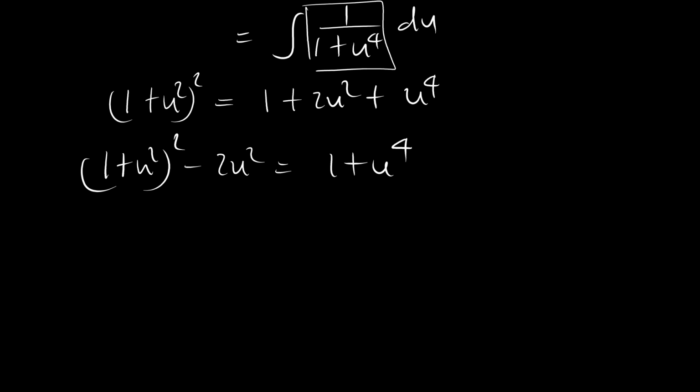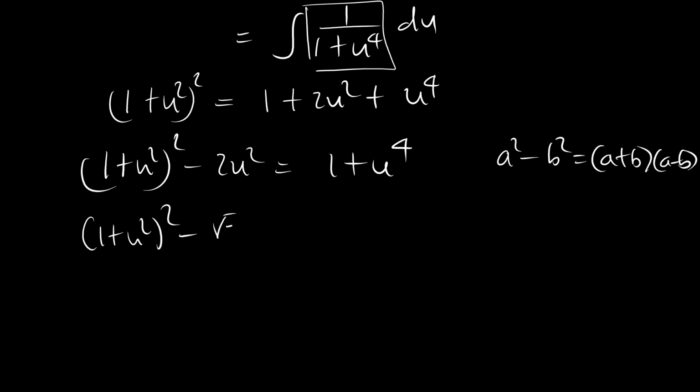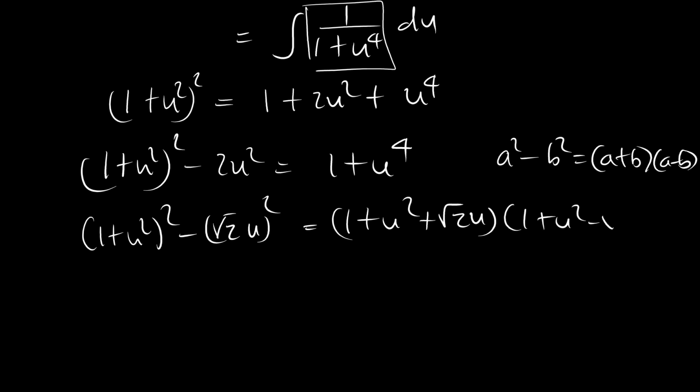Now using a difference of two squares, because if you have something like that, we have a plus b, a minus b, right? And this here is the same as 1 plus u squared minus square root of 2 u squared. This becomes 1 plus u squared plus root 2 u, times 1 plus u squared minus root 2 u.